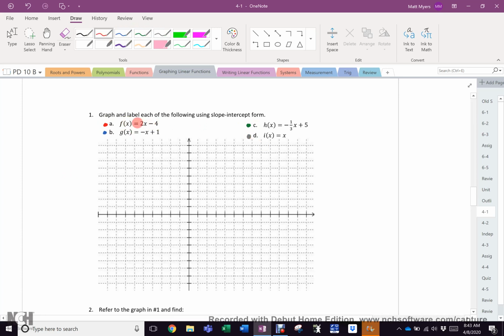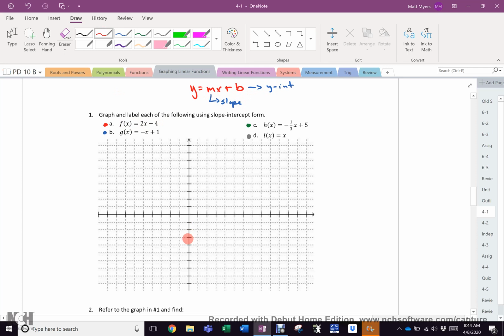Now, does that look like that? Is it y, because f of x is y, some number, x, and another number? Yes. We look at that and we know that this is our slope and this is our y-intercept. So in here, this gives me my starting point.